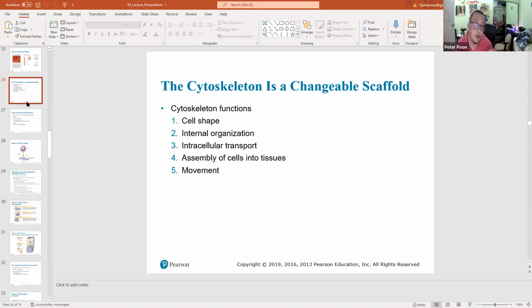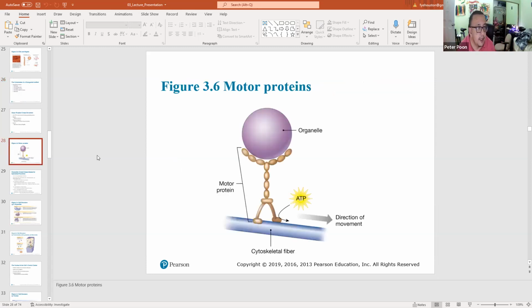So the shape of the cell, if it needs to bend or move, the cytoskeleton can change shape. The internal organization, where the mitochondria are, how big it is, and all this other stuff, allows movement. Intracellular transport uses these motor proteins.